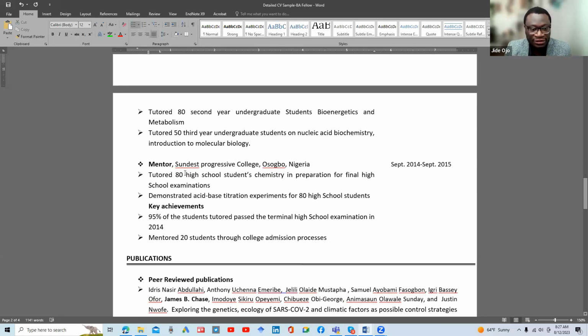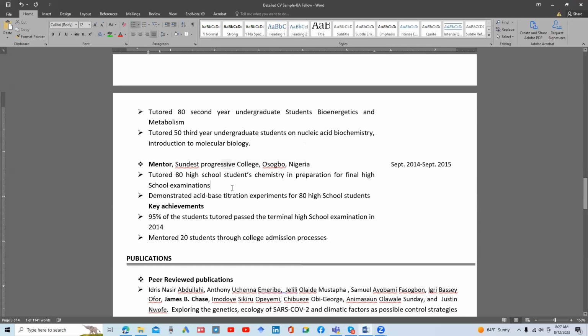So again, these are some of the things I know some of you might relate with. So this is just a description of how you can present your experience. So he was a mentor for some high school PPOs, and you can see how he wrote his achievements here. So mentored 20 students through the college admissions process. 95% of students tutored passed their high school exam.